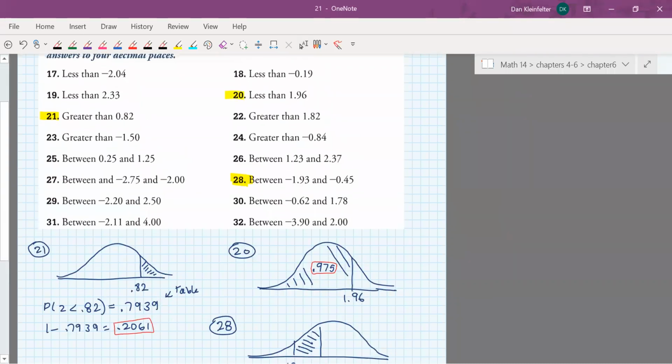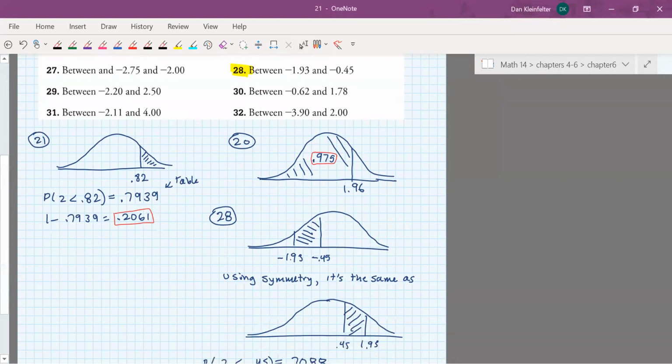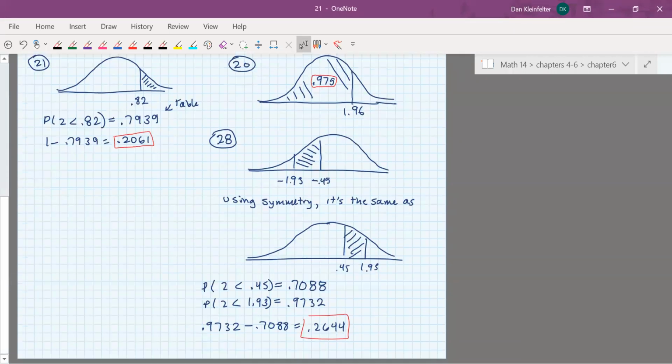For number 20, we just wanted the area less than 1.96, so that was a straight table lookup, 0.975. For 28, it took more work, negative 1.93 to negative 0.45. Using symmetry, if we flip that whole picture across the 0 line, it'll be the same area as between 0.45 and 1.93, both positive. Looking at both of those values in the table, the probability corresponding to a z less than 0.45 is 0.7088. For less than 1.93, it's 0.9732. Taking the difference of those two, it's 0.2644.